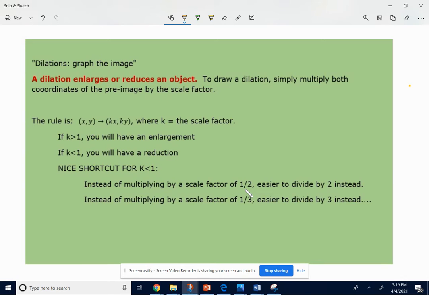Or if the scale factor is 1/3, and you want the correct answer but you don't want to multiply by a fraction, just divide by 3. So whenever your scale factor is 1 over a number, like 1/4 or 1/5, you could just divide by that denominator instead, and it'll be right. It's just a lot quicker.